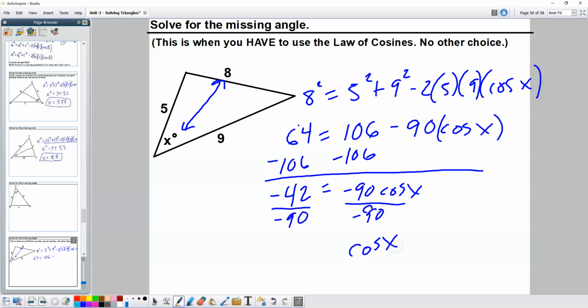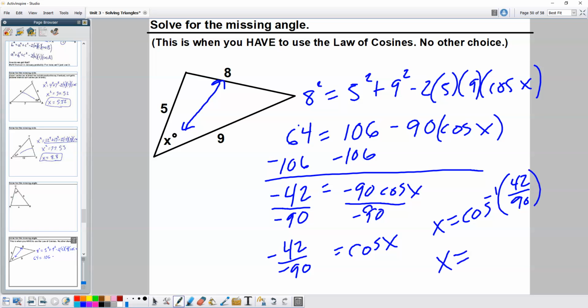So the cosine of x equals, you could make these both positive if you wanted to, negative 42 over negative 90. And we're going to undo that. We're going to say x is equal to cosine inverse of 42 over 90. And once I punch that into my calculator, I get about 62 degrees.